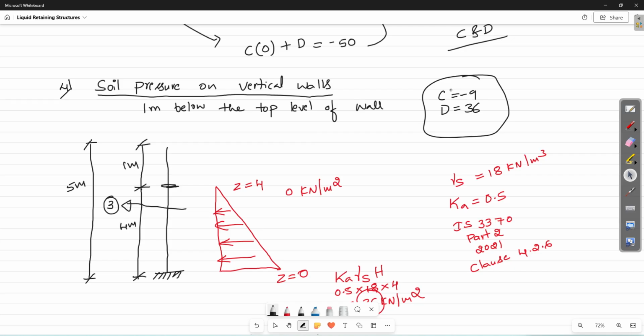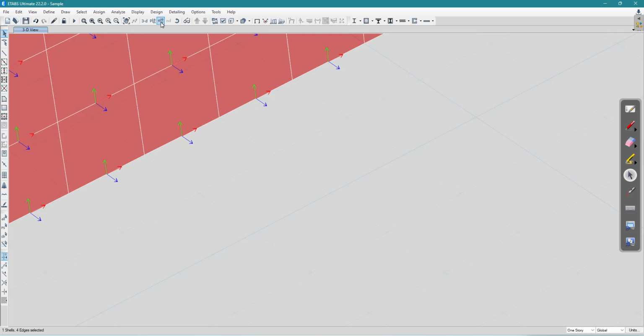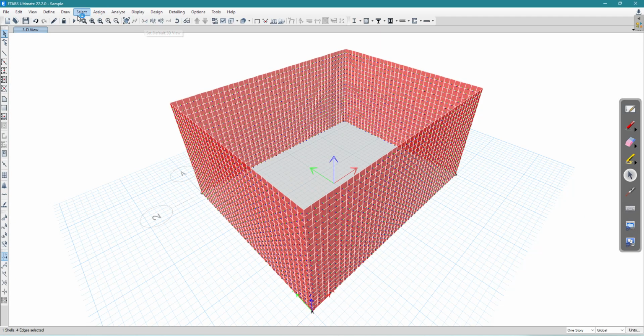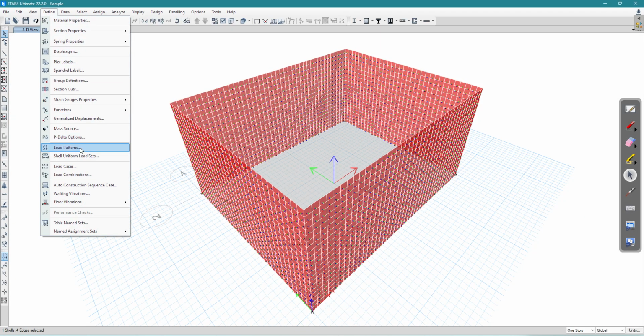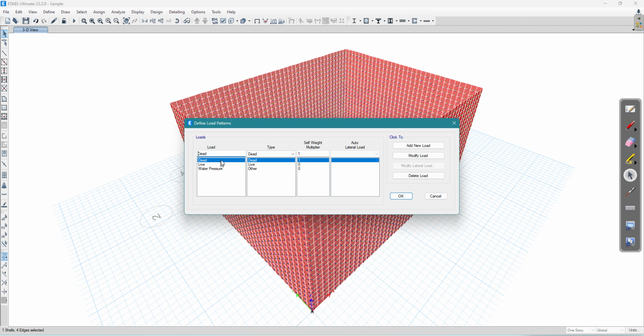You should be very careful while assigning the soil pressure on vertical walls, because you have to unselect wall elements which are 1 meter from the top while assigning the earth pressure. Okay. So you go to ETABS. First you go to define load pattern.